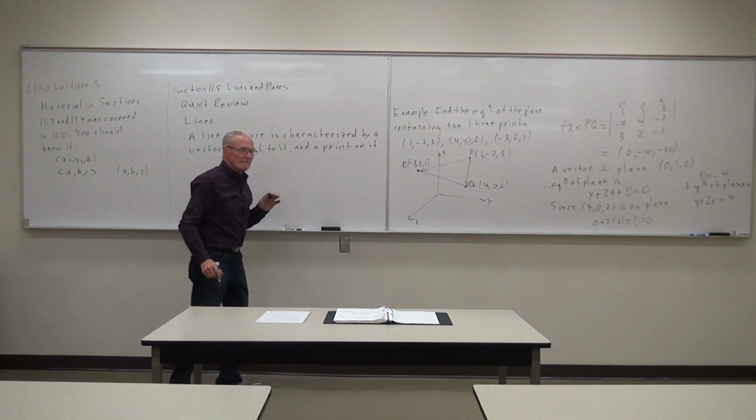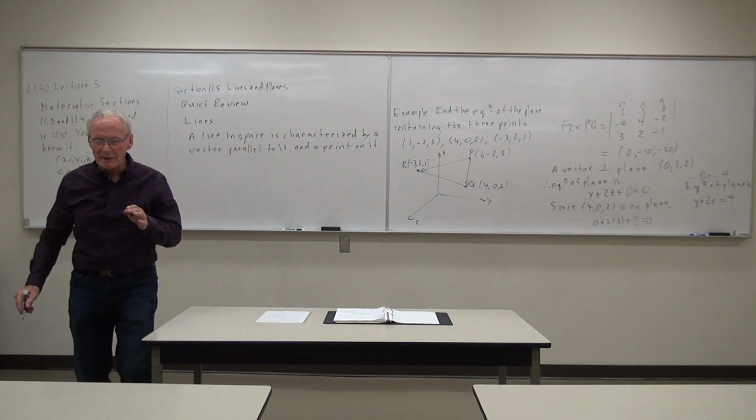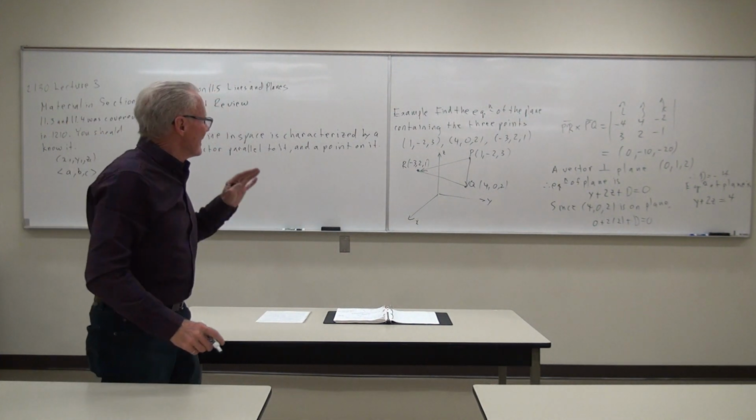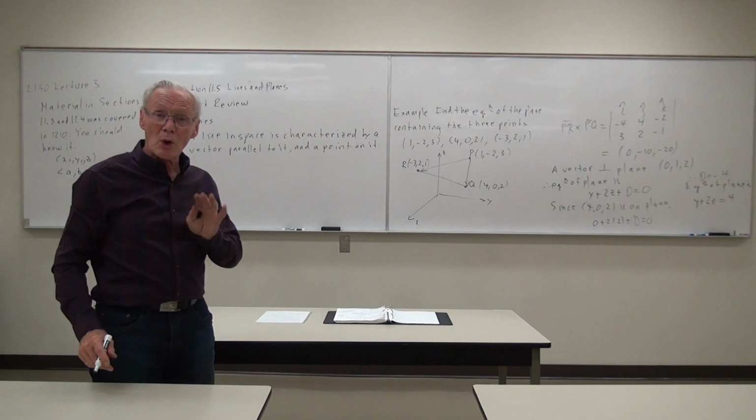So not like a plane, both need a point. A plane needs a vector perpendicular to it. A line needs a vector along it, parallel to it.